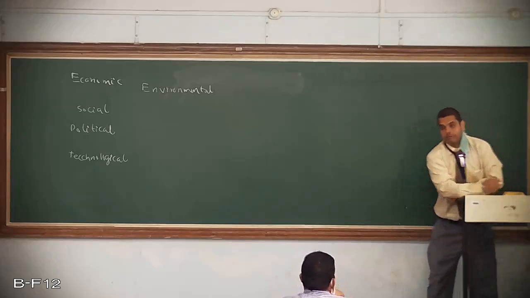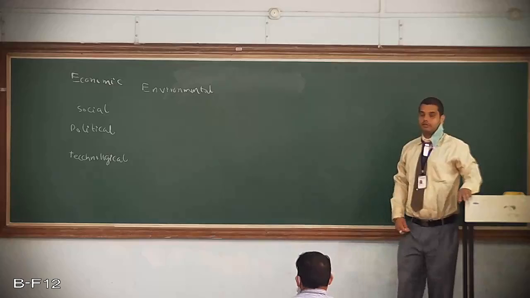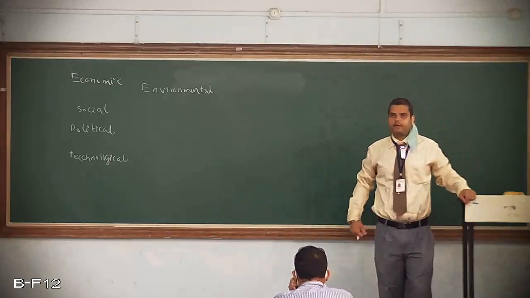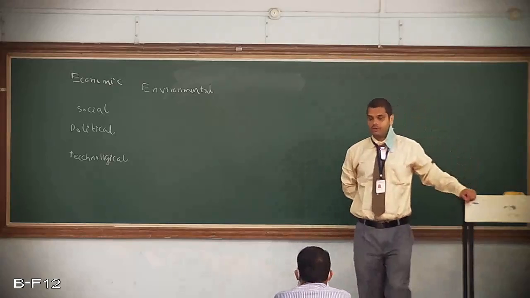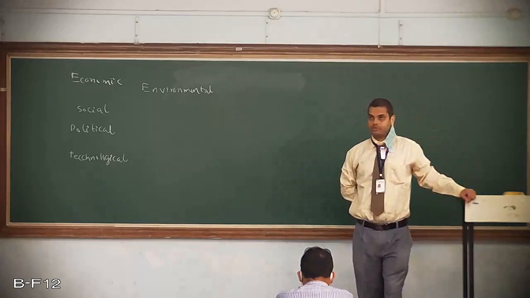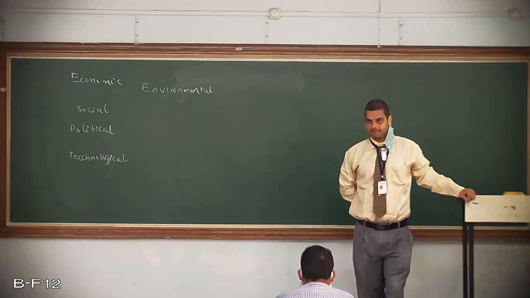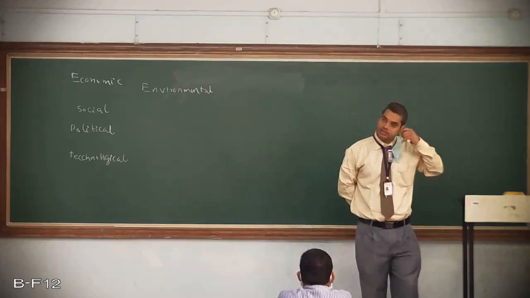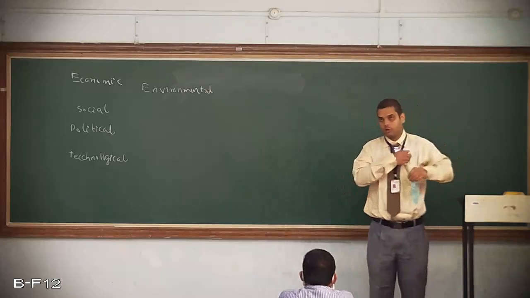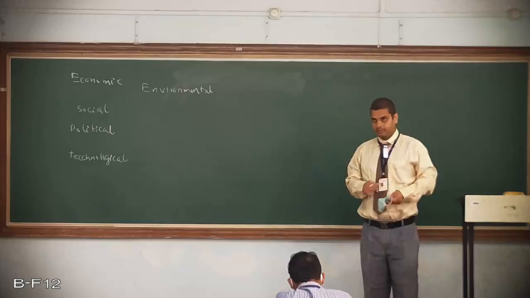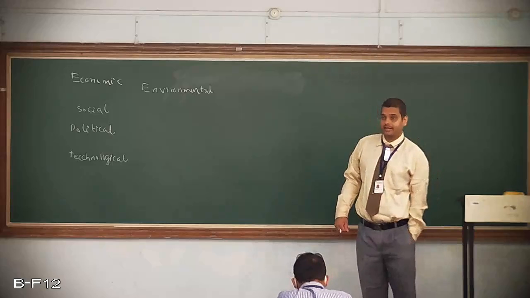Okay, so when we talk about business environment, the first feature of business environment is coexistence of private and public sector. Public sector in the sense government part. We already know that, let it be any country, private and public sector do exist hand in hand.